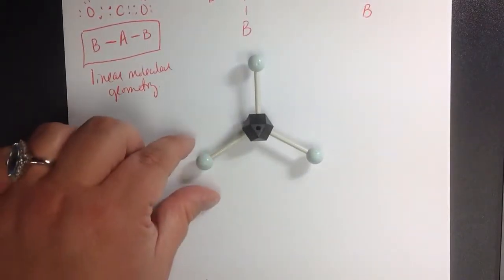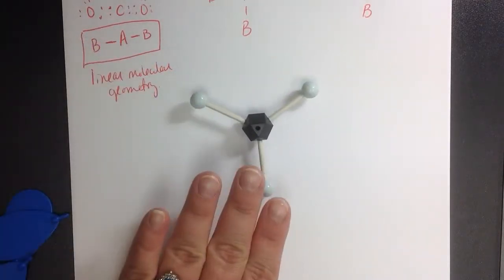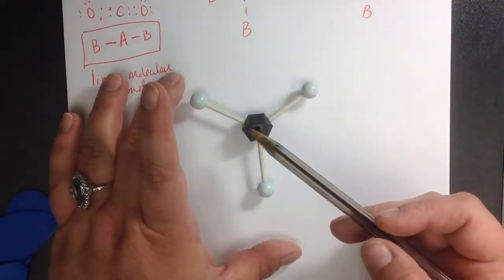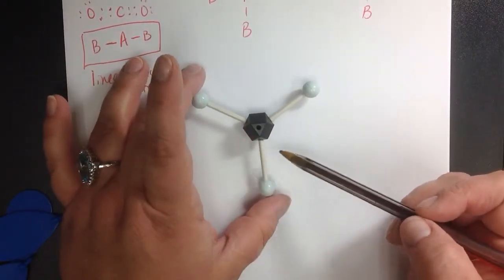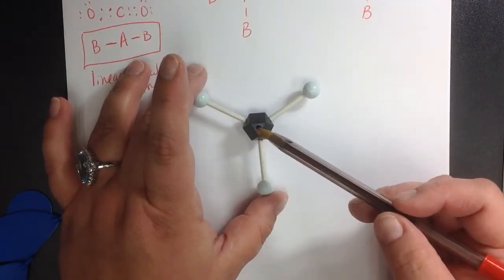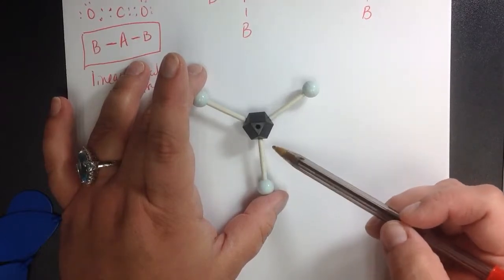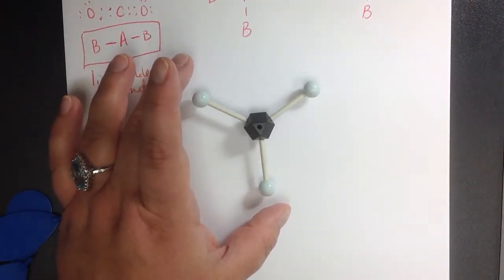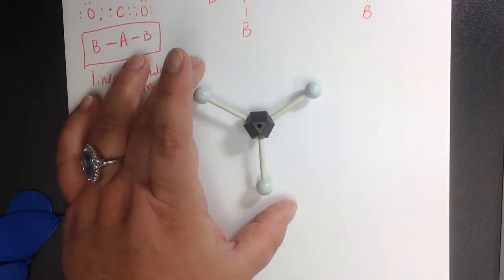It's still in one plane. In other words, it's flat. And these are coming in 3 different directions. This bond angle, the angle from this bond through the middle to over here, is about 120 degrees. So those 3 things are trying to get as far away from each other as possible.